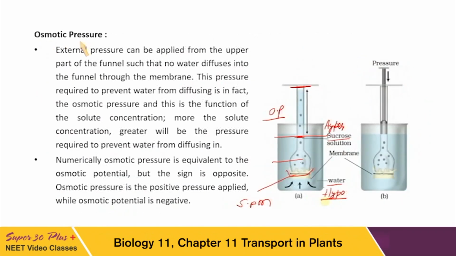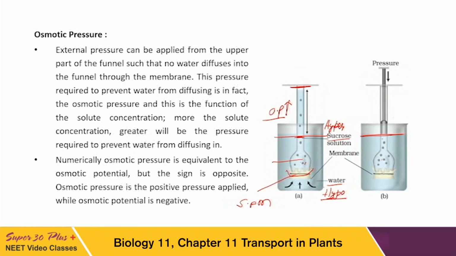Now, osmotic pressure. I told you that because of osmosis the level will go up, and that is because of the osmotic pressure exerted in this solution by the movement of water molecules. If we put a pressure on this so that the level of water does not rise in the hypertonic solution, then this pressure is known as osmotic pressure.